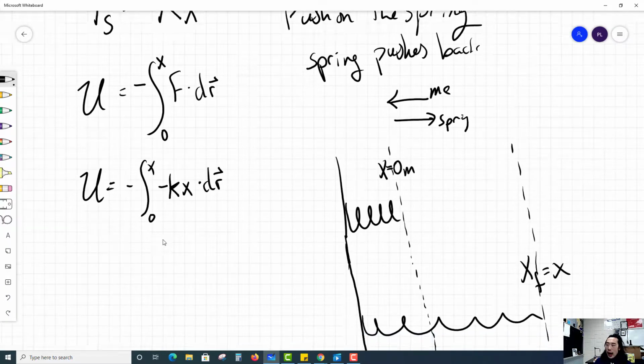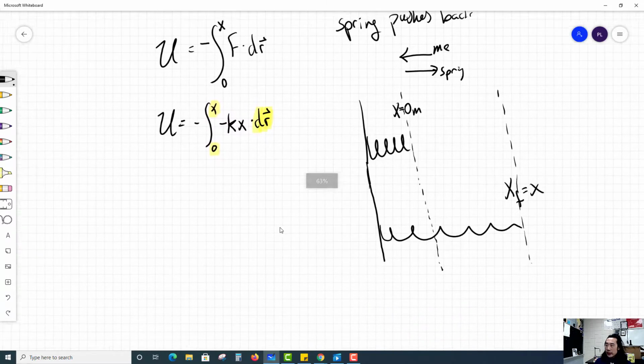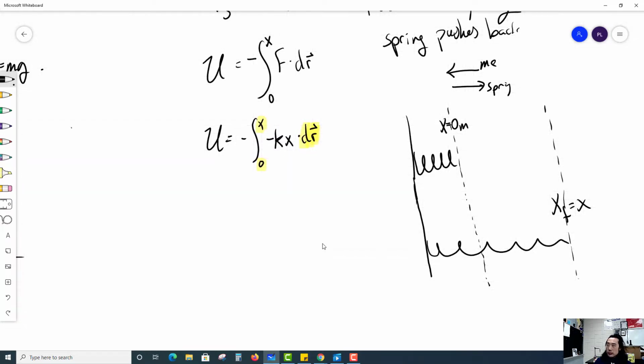And at this moment, I want to identify within my integral what I'm actually integrating. So this dr is talking about the position, because my constraints are the location of the spring. Okay, so between k and x, k is what we call the spring constant. So I'm going to write that down over here. K is spring constant.